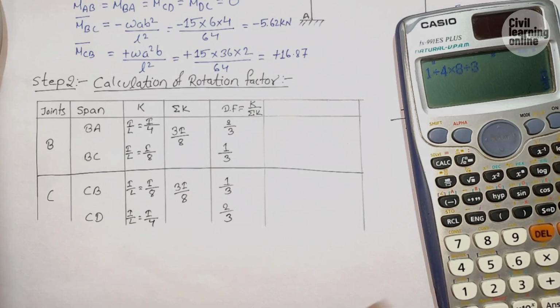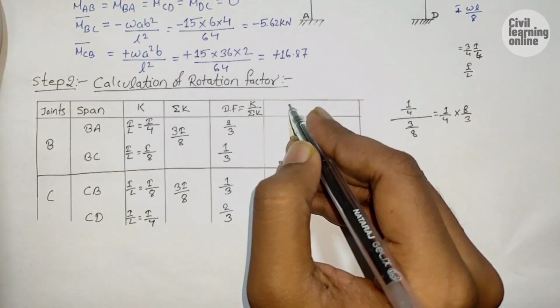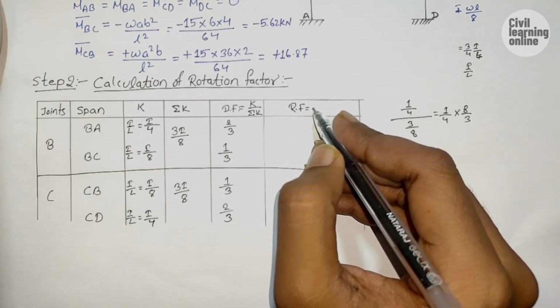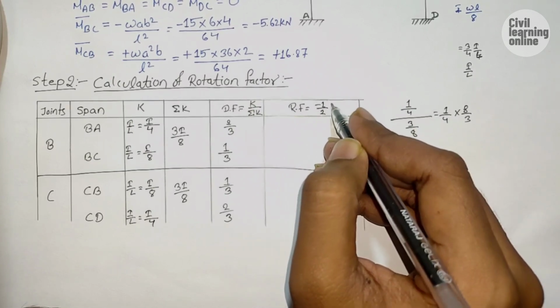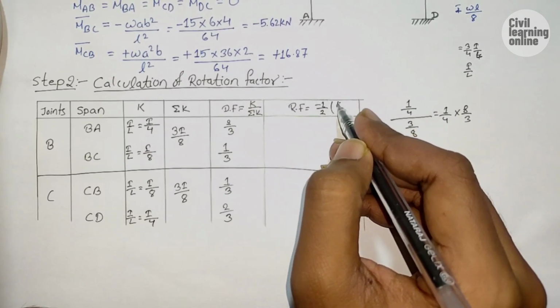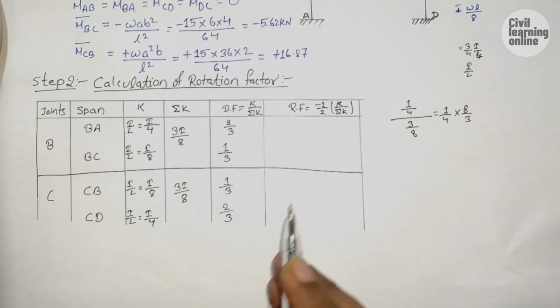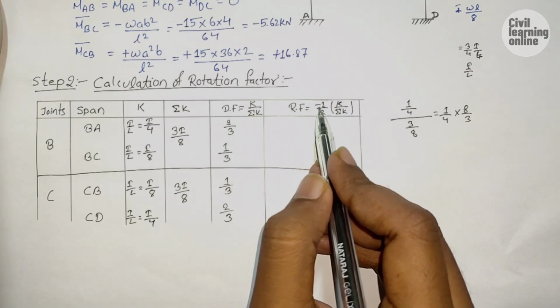So now after finding the distribution factor, we need to find the rotation factor. For the rotation factor, we use the formula minus 1 by 2 times k upon summation k, which means we multiply the value of the distribution factor by minus 1 by 2.